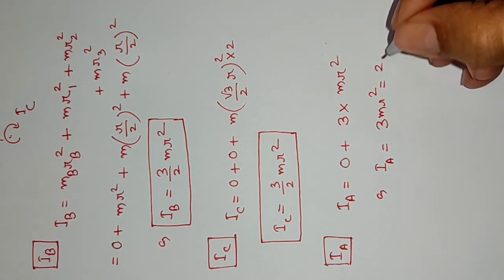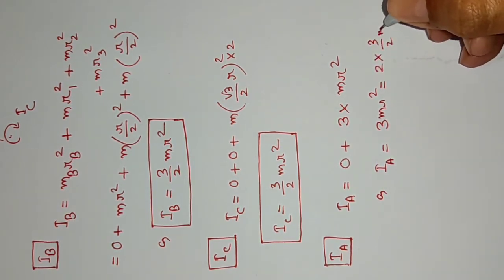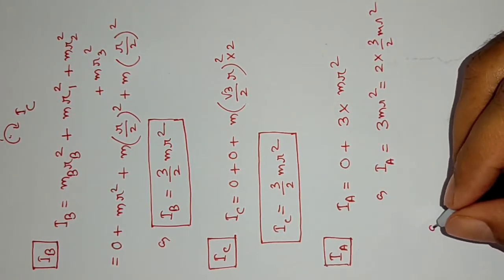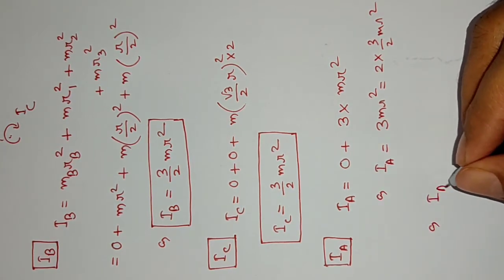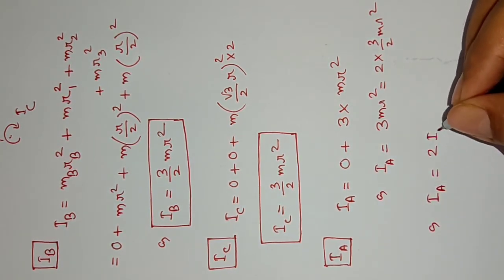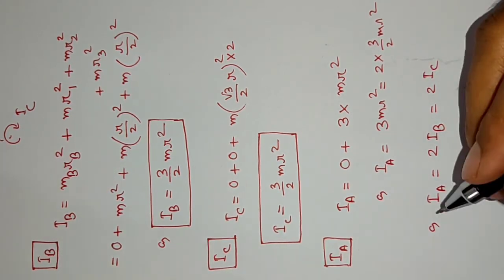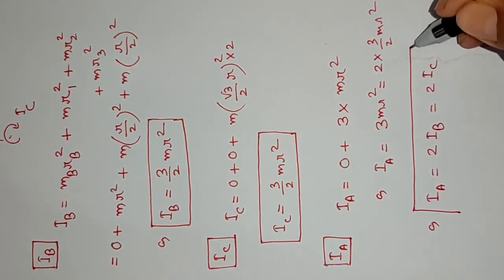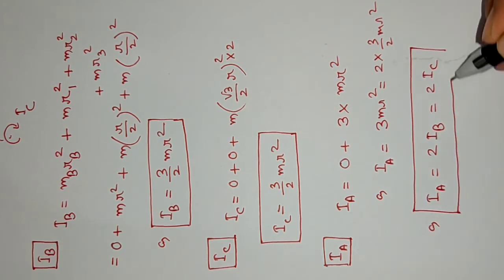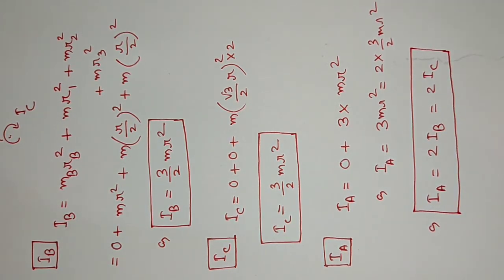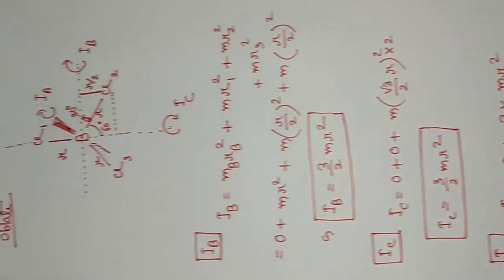Now it is equal to 2 into 3 by 2 m r square. So we can write IA equals 2IB equals 2IC. So this is the relation among the 3 components of moment of inertia for this molecule.